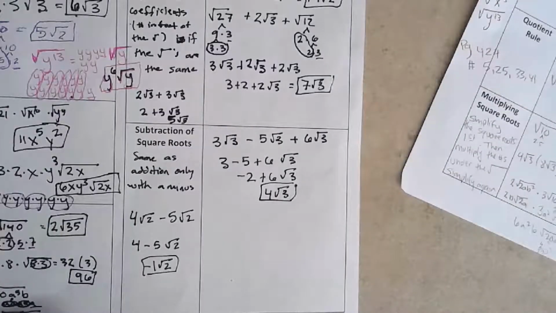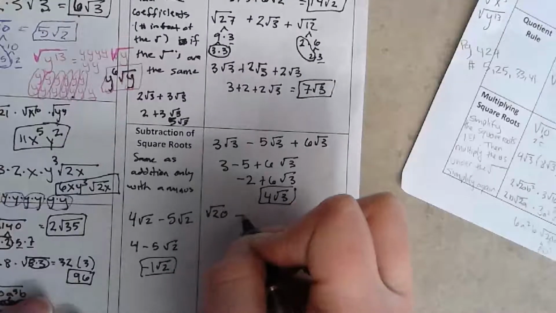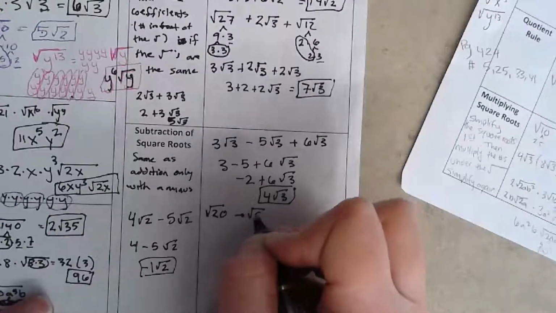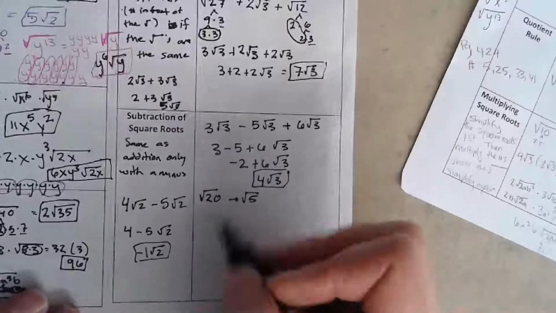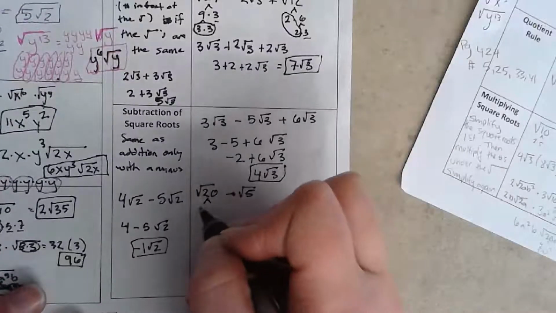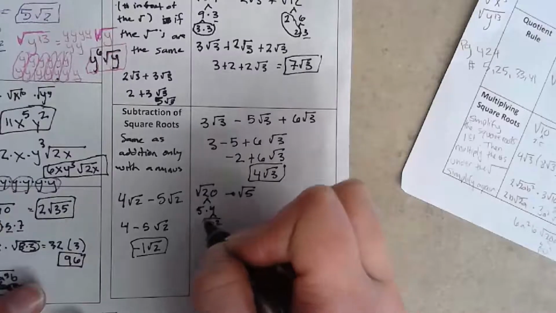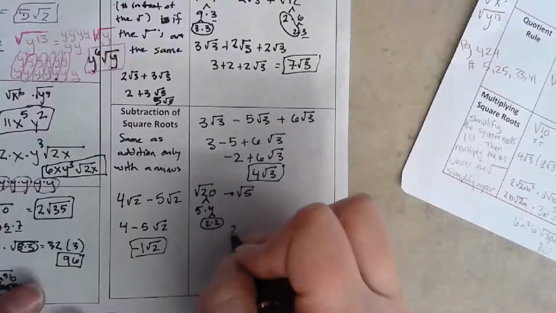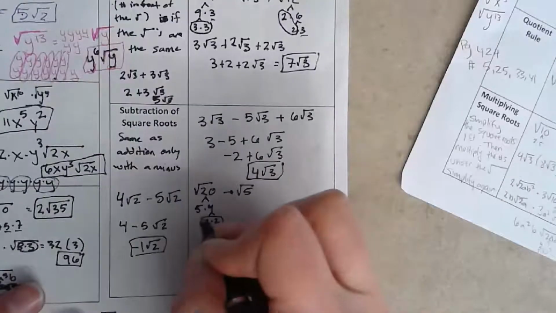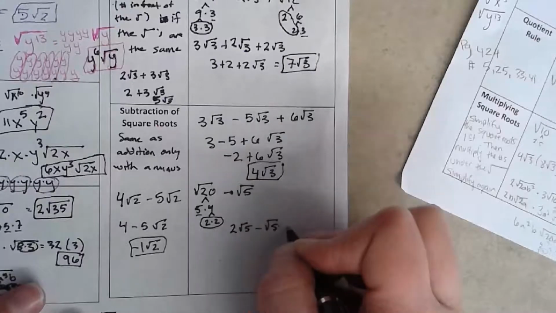Let's look at this one. If I have square root 20 minus square root 5, currently in this state they don't match, so we are going to break down 20. 20 is 5 times 4, and 4 is 2 times 2. There's my pairing. So that becomes 2 square root 5, because 5 was left, minus square root 5.